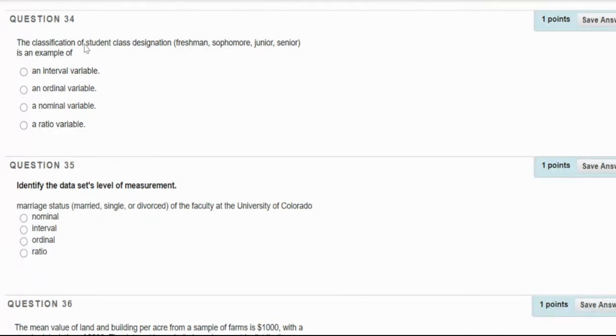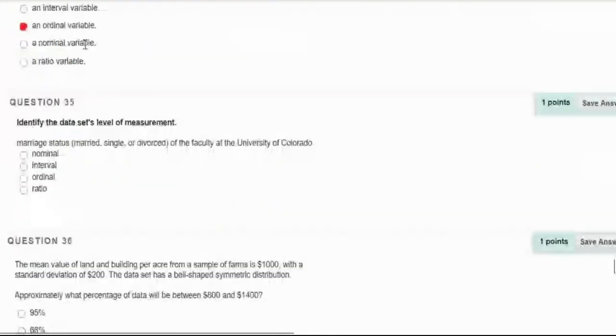Ordinal. Ordinal, that's correct. They are names and labels, but they are in order. Like a freshman has less credit or less of something than a sophomore, and so on and so forth. Okay, now the next question.